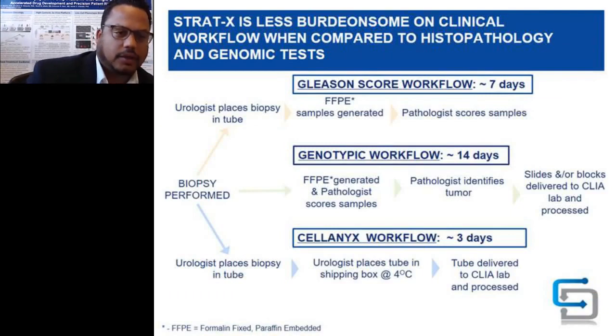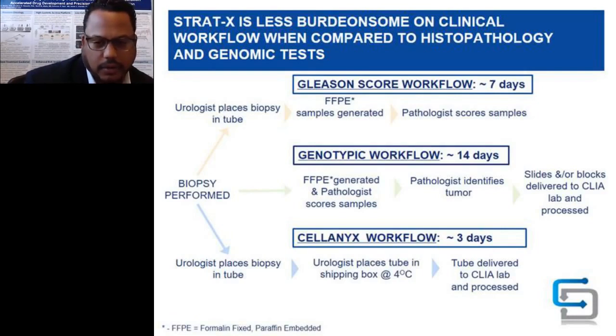There's a number of processes involved in terms of preparing the biopsy core and then staining it and then observing it. In the genomic workflow, it takes a little longer, specifically because the pathologist is asked to identify tumor-rich cores to send for genetic analysis.